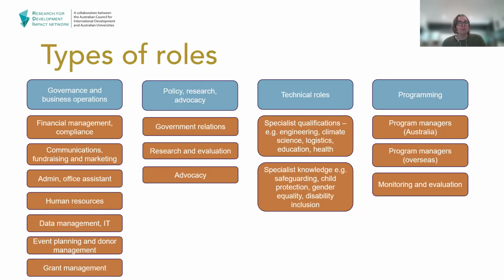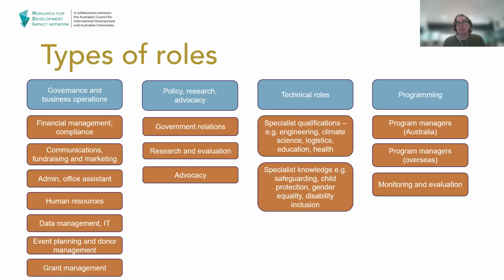If you're interested in policy or advocacy work or building on your research skills from uni, many medium and larger agencies will have roles specifically for this, or maybe look for organisations which have this in their mandate specifically. So one example of that is the International Women's Development Agency, who do a lot of advocacy work.